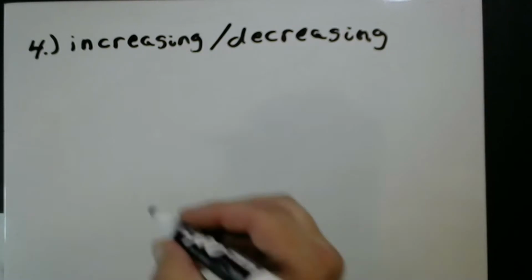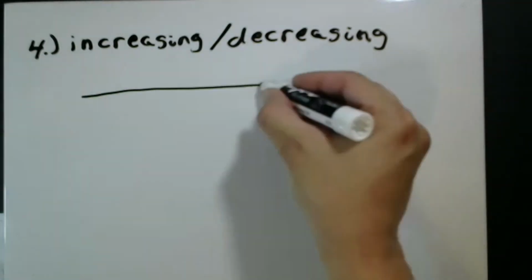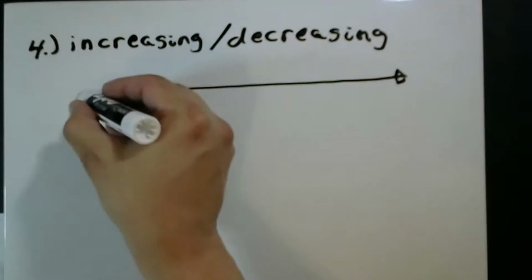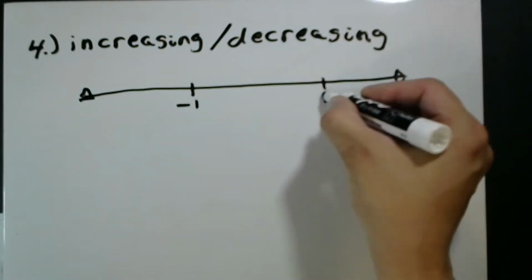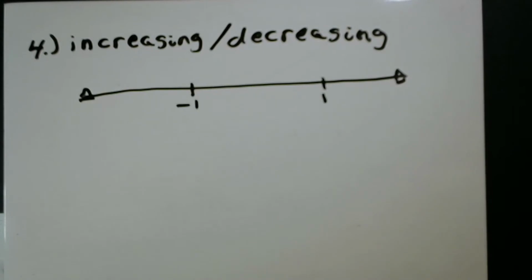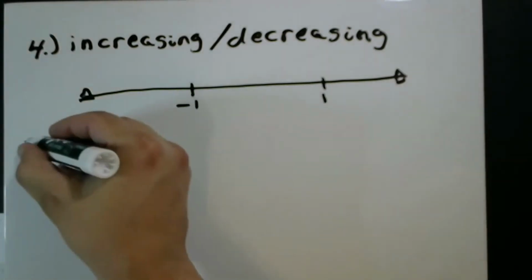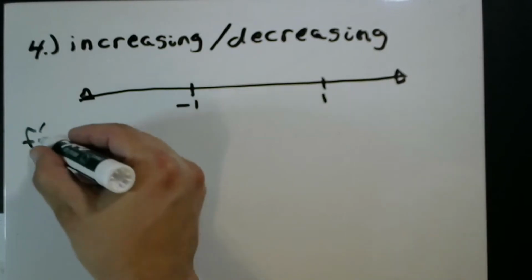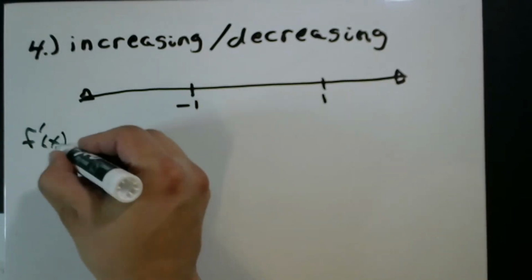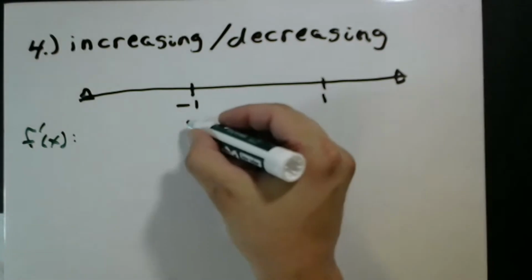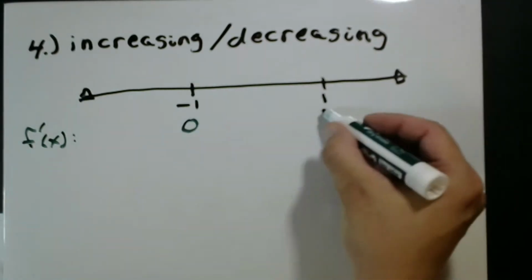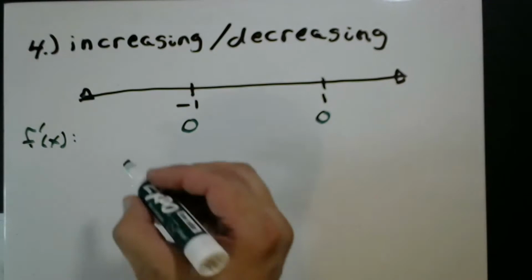So for this, we're just going to bring back that little graph that we already had of the first derivative. And we know it's 0 at negative 1 and 1.